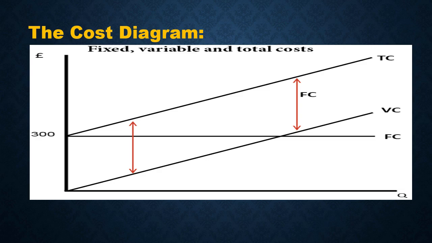Variable costs are those that do vary with output, and they are also called direct cost. Examples of typical variable cost include fuel, raw materials, and some labor cost. Thus, as the volume increases, the variable cost increases, but the fixed cost remains constant. So that's the interpretation of this.